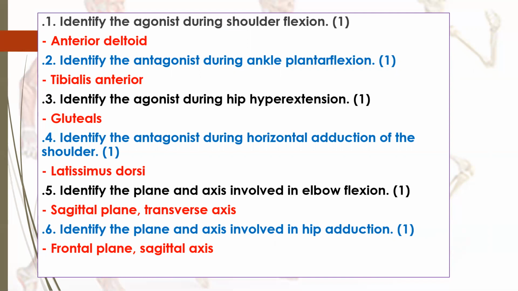And finally, number 6, identify the plane and axes involved in hip adduction. So hip adduction, what type of movement is that? Abduction is taken away. Hip adduction is movement towards the midline of the body. So if you're in a kind of a star shape and then you bring your hips and legs back in so your feet are together, that's hip adduction, movement towards the midline of the body.